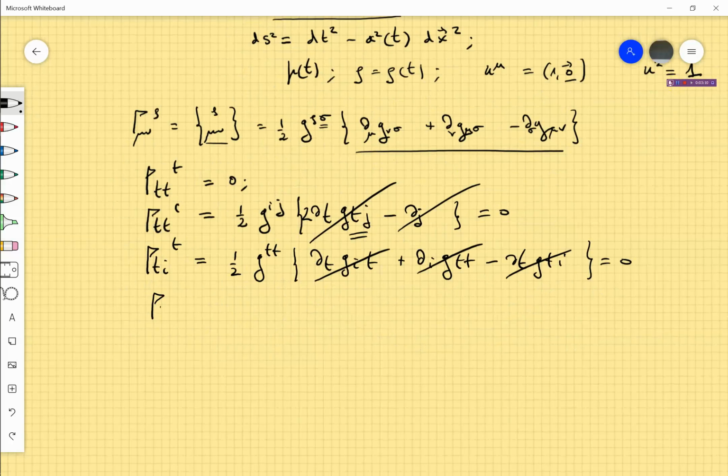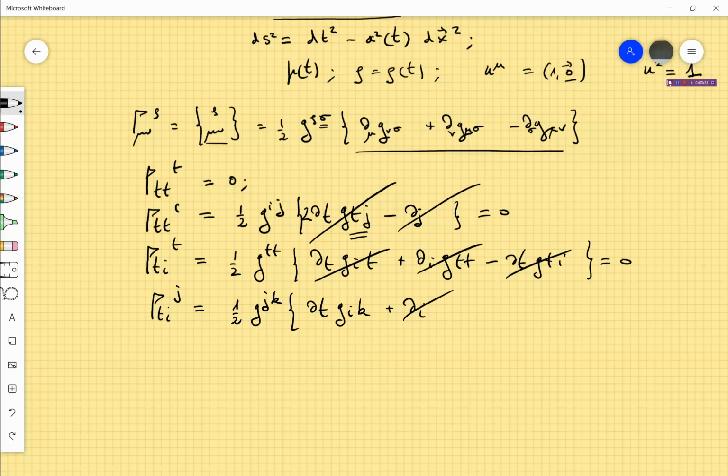Next component is tij. This is partial t gik plus partial i, which I don't care about because it is 0, minus partial k, and I don't care about this term either. Okay, now there is a chance that this is different from 0 because this depends on t. It is not a constant. This is a half.